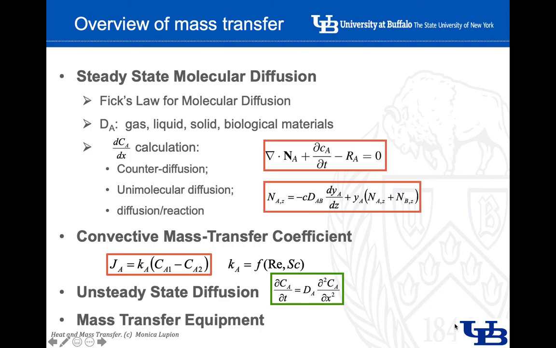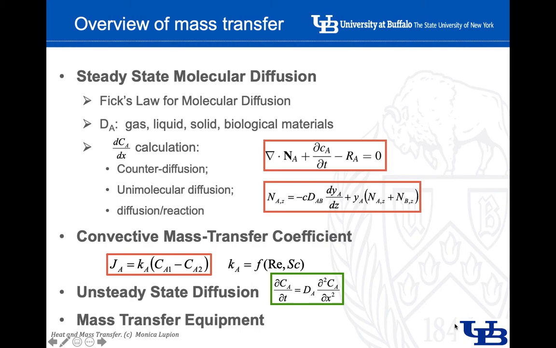Then we moved on to the case of unsteady state diffusion, that is when there is a dependence on time. In this particular case, we also found that the mathematical or analytical solution of the equations taking time into consideration is quite challenging.